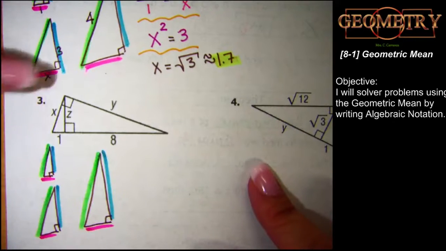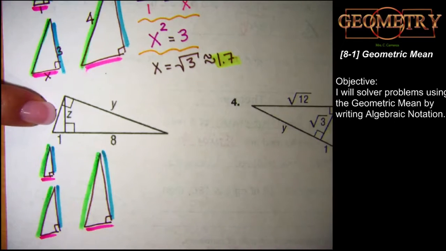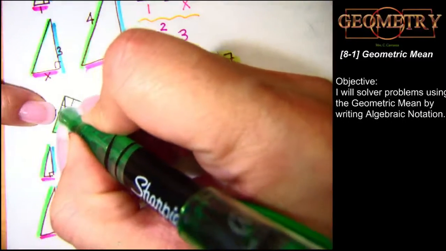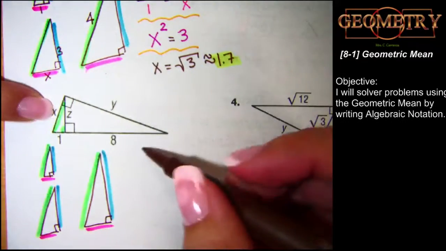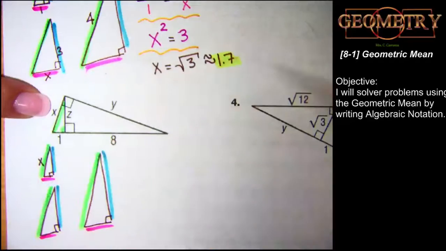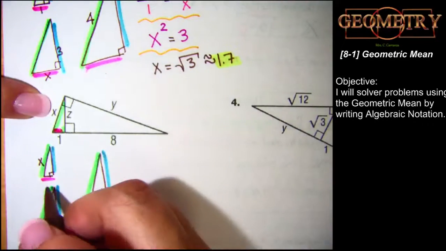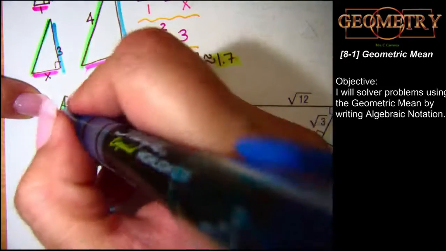All right, looking at the baby triangle, here's the right angle. Here is the hypotenuse. That information is x. Here's the short side. And here's the medium side.